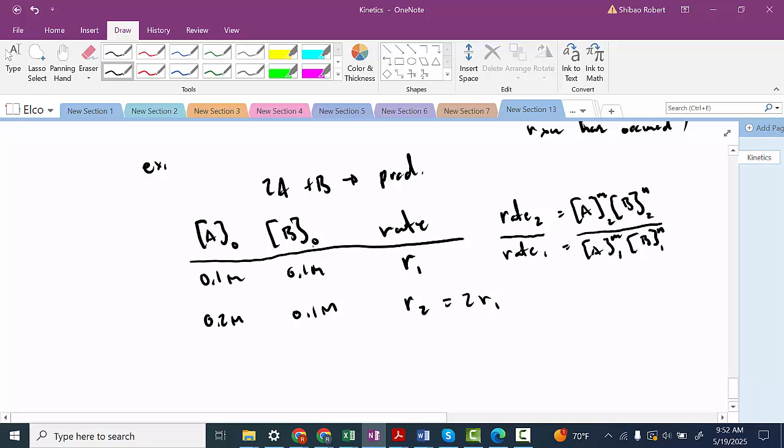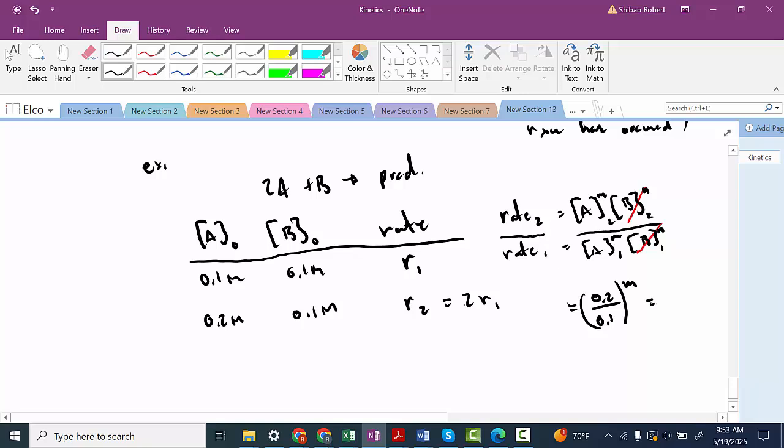Now B1 and B2 are the same, and so those cancel out here, like this. And that just leaves us with A. So A2 is 0.2. So this is going to equal 0.2 over 0.1, and I'm going to raise the whole thing to the M power.